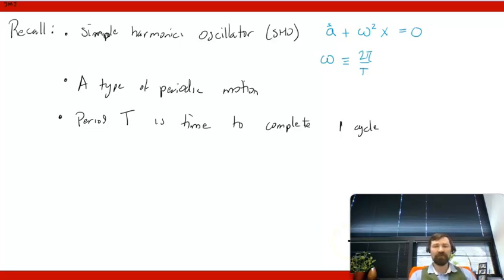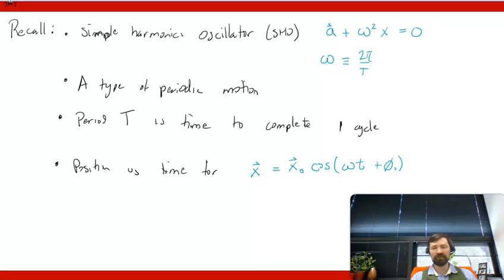Finally, you'll recall that the position versus time for the simple harmonic oscillator is not a constant acceleration type equation, but instead has something like x equal to x naught, or x max, times the cosine of omega t plus phi naught.